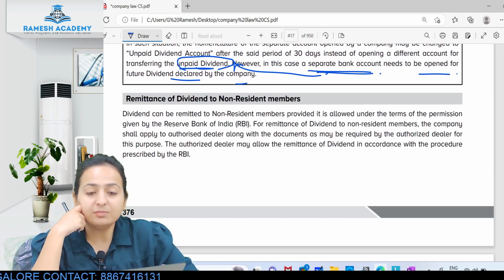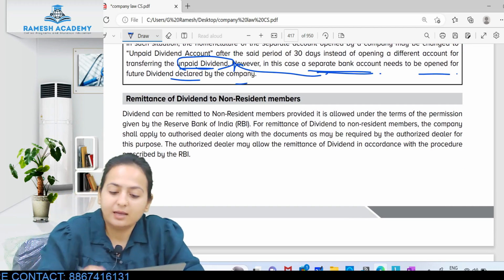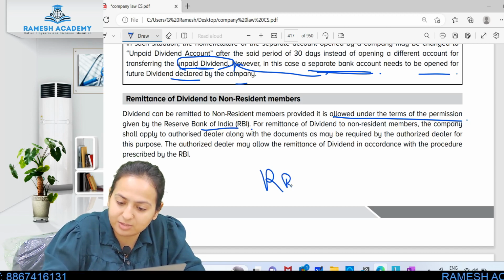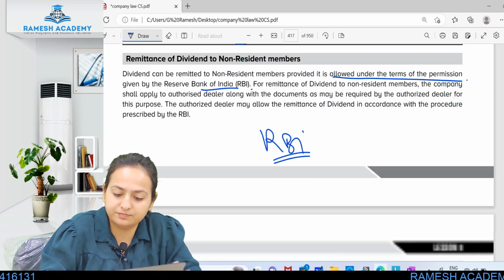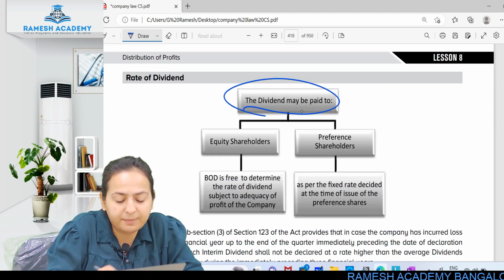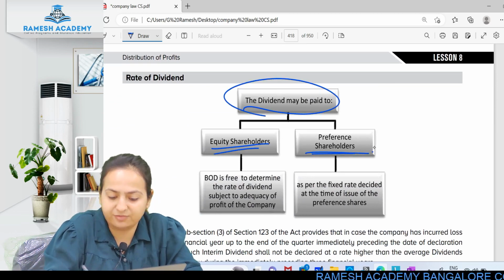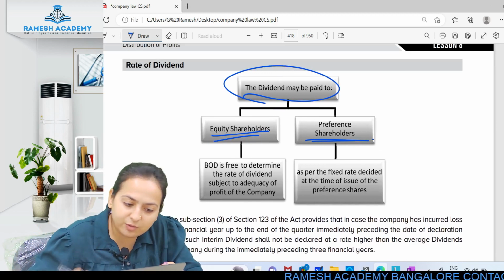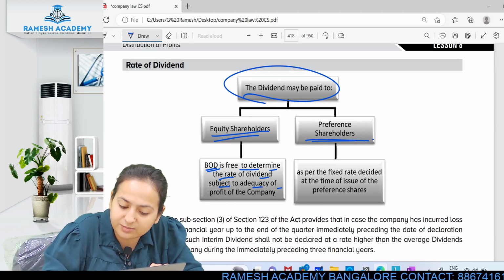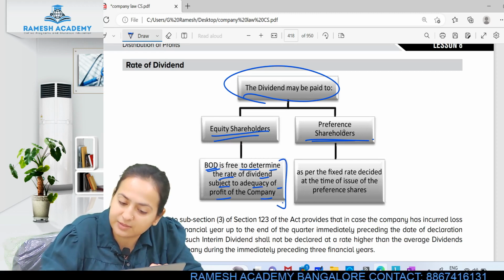See, dividend can be remitted to the NRIs provided it is allowed under the permission of RBI. RBI permission is required. So, dividend may be paid to an equity shareholder or a preference shareholder. In case of equity shareholders, the board of directors is free to determine the rate of dividend subject to adequacy of the profits.